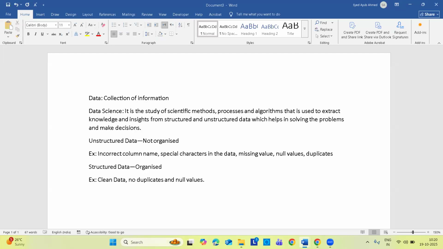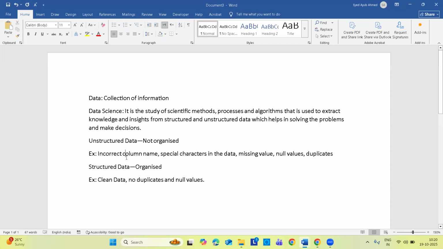And data science is also a study of algorithms, as I told, right? So algorithms will only accept structured data, guys. It will not accept the unstructured data. You cannot feed unstructured data to the algorithm. If you feed and try to run, it will give you an error. Your results will not be proper. That's the reason you have to make the data structured. How do you make the data structured?